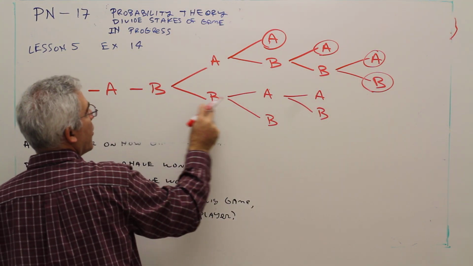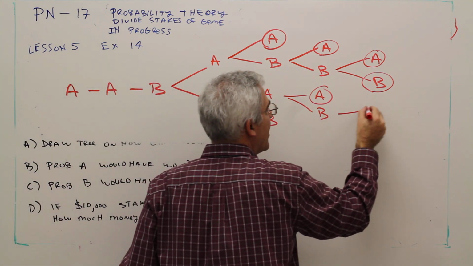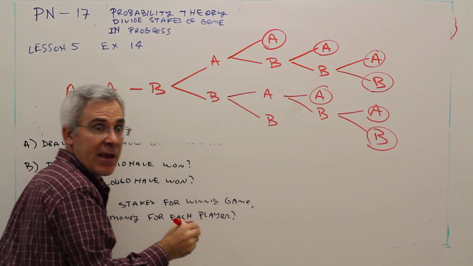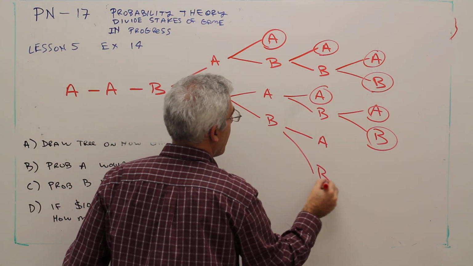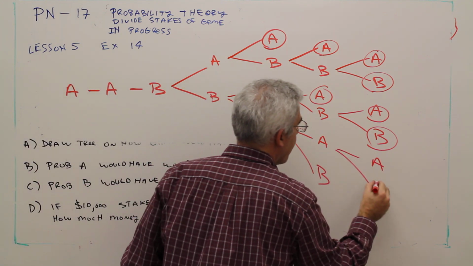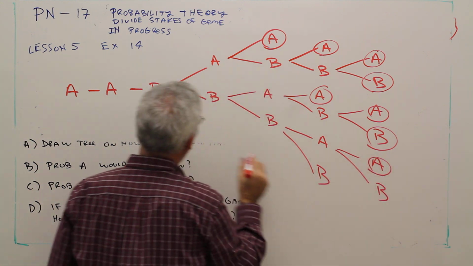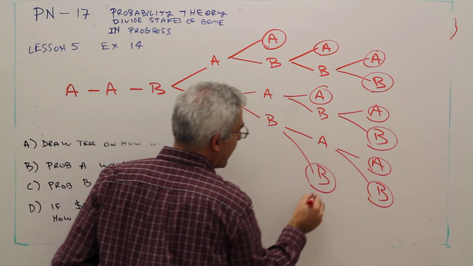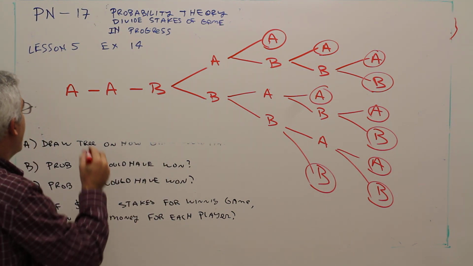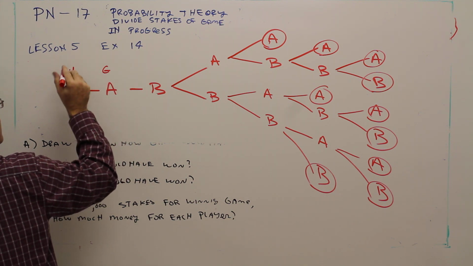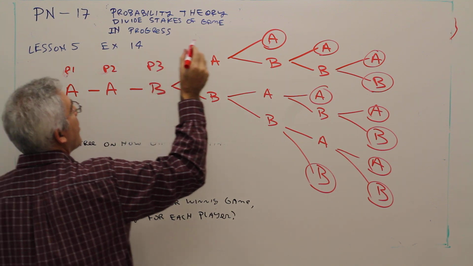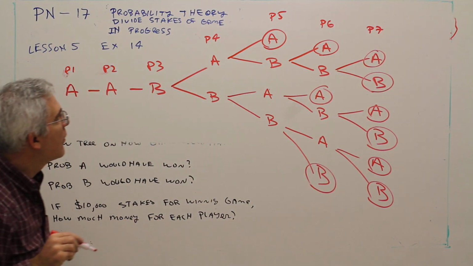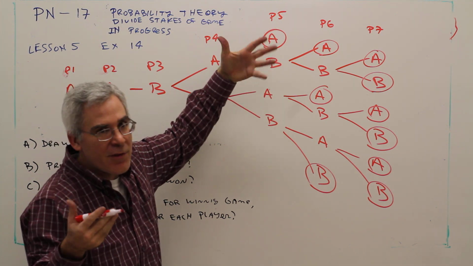A and B. 1, 2, 3, 4 for A. 1, 2, only 3 for B. 1, 2, 3, 4 for A. 1, 2, 3, 4 for B. Nobody yet. 1, 2, 3, 4 for A. 1, 2, 3, 4 for B. So basically, this was like game 1 or point 1, point 2, point 3, point 4, point 5, point 6, point 7. It's better if we did it in games, but either way.